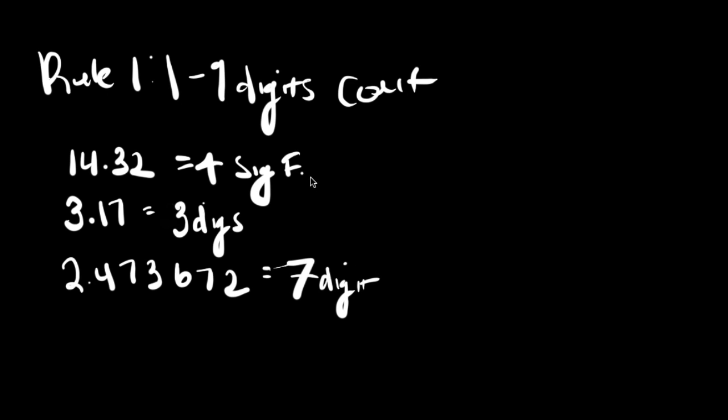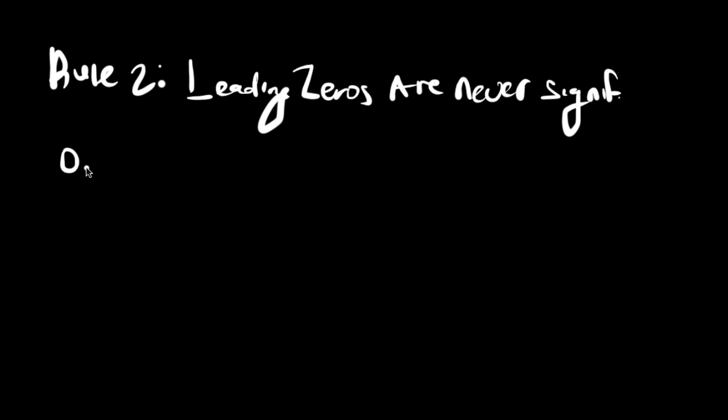Alright, now that you've got rule 1, let's go to rule 2. Rule 2 of significant figures is that leading zeros are never significant. Basically, what this means is, let's say we have 0.00079.